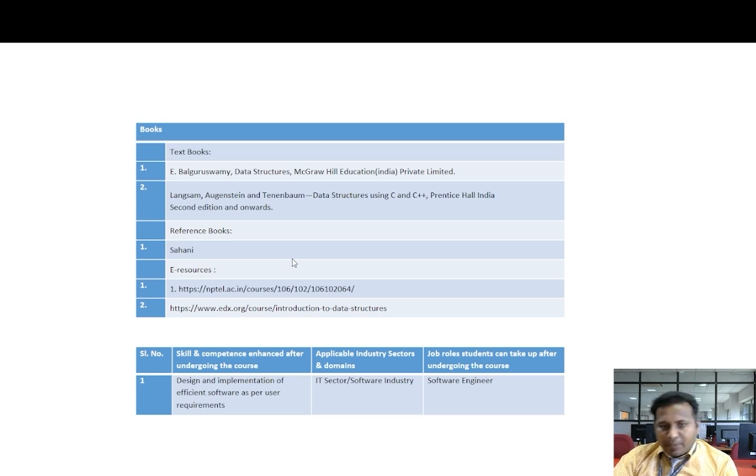The applications of this subject occur everywhere in industry. For example, if you talk about the operating system, the concepts inside it have to be implemented using stacks, queues, and so on. These data structure concepts come into the picture everywhere, in all applications, whether e-commerce, banking, or networking.